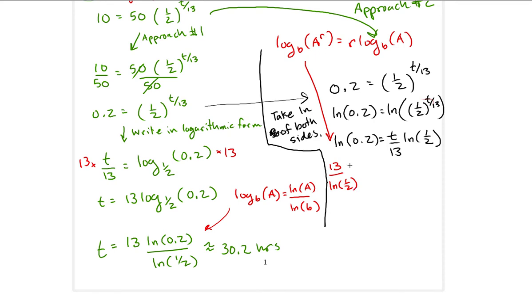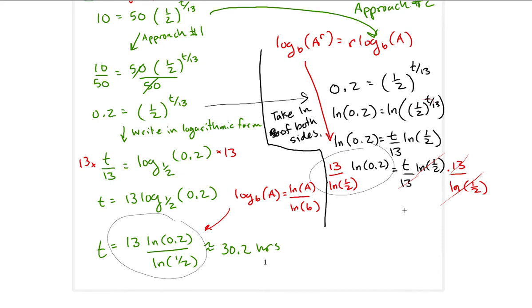So I'd multiply that by what I have on the left side, and then I would do the same, of course, on the right side. So then I get some nice canceling here. t is all by itself, and notice that these two things are exactly the same. And of course, we also get the 30.2 hours.